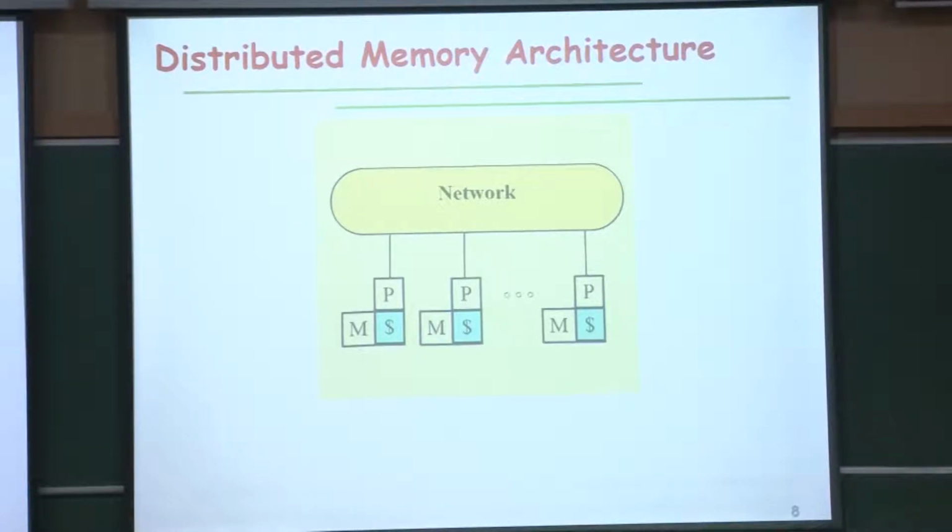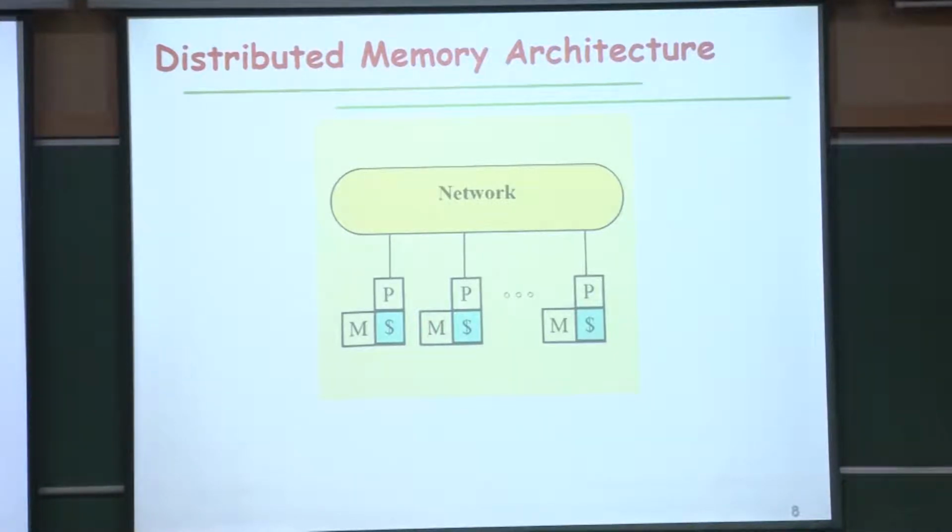That is the assumption. Each processor has its own individual memory, which you can see. They are connected by means of a network, but they have no capability of addressing the memory which is in a remote node.